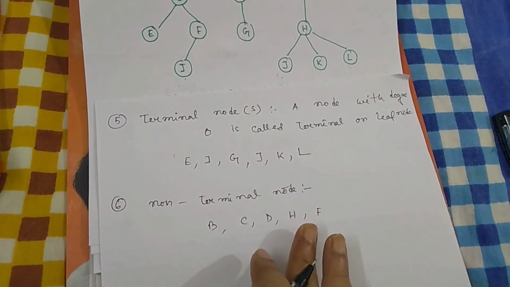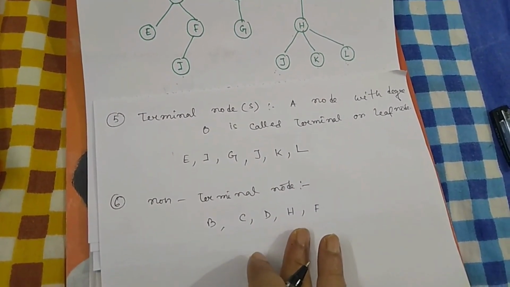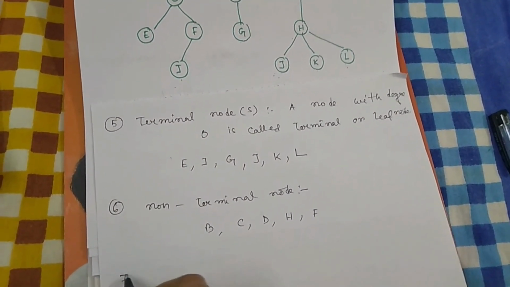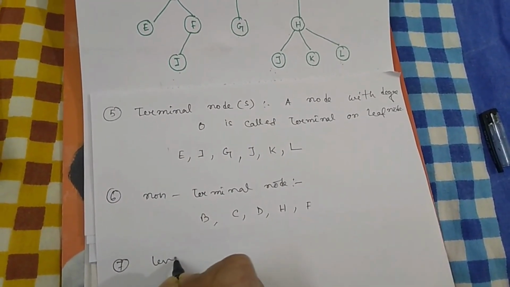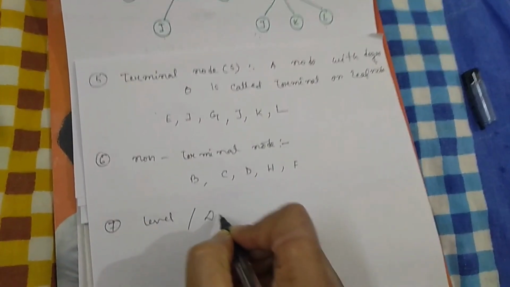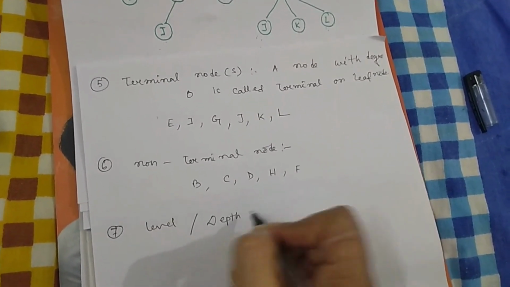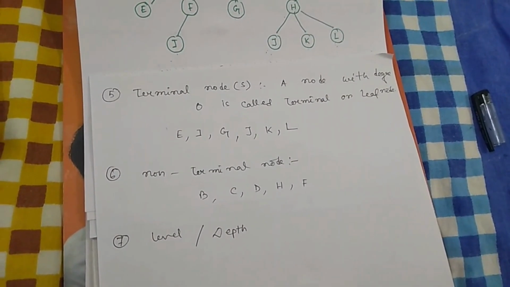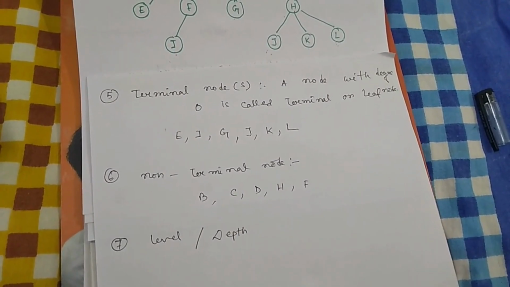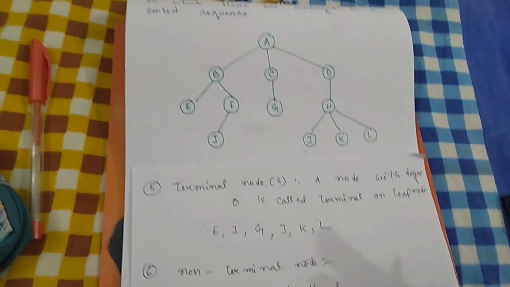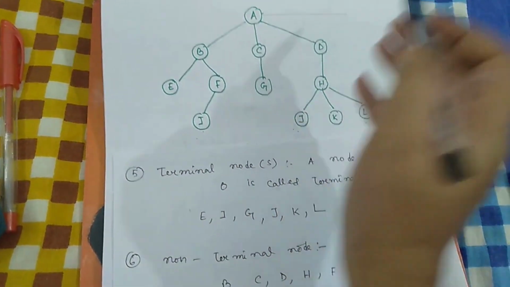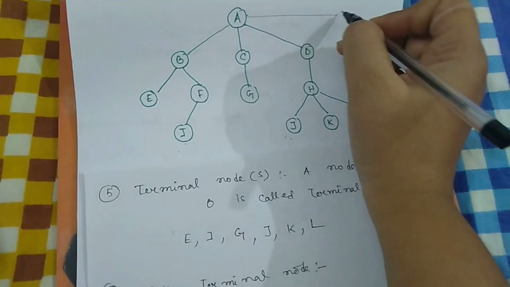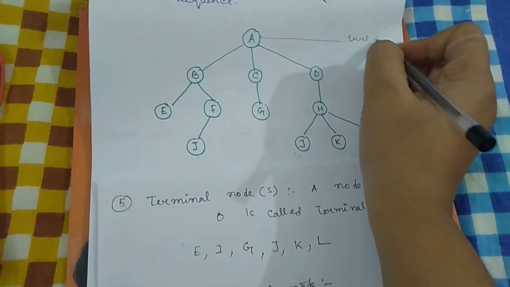Okay, the next concept is very important. That is, what is the level or depth of a tree? Basically, here we consider from the root level of the tree. The root level is denoted as level 0.